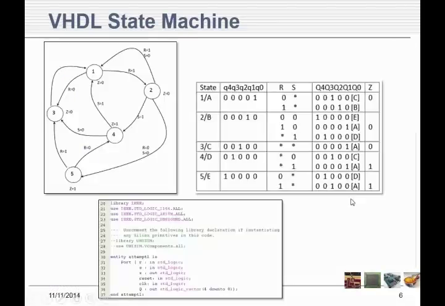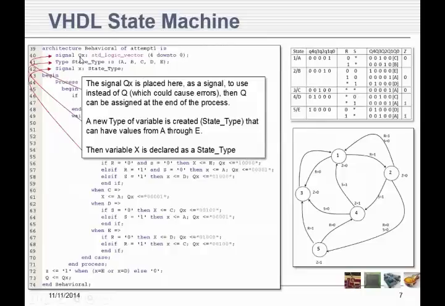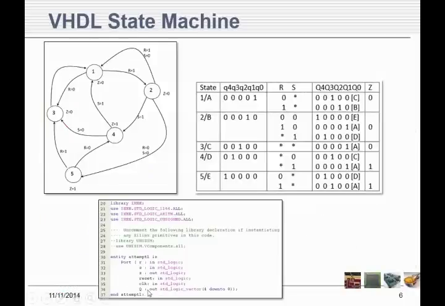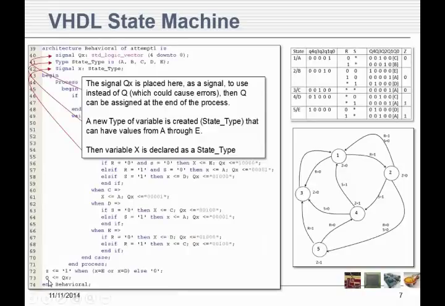Okay, so the next one was the rest of this state machine. The first thing I did was create a signal called QX. I do this all the time because Q is one of the outputs of my state machine here. I can see the output, but I cannot have Q on both sides of this assignment statement.